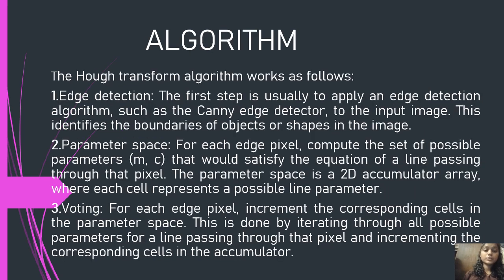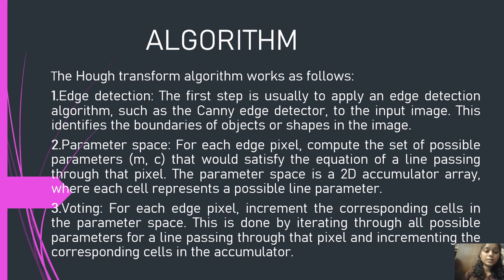Let's see the algorithm for the Hough transform. The first one is the edge detection. The first step is usually to apply an edge detection algorithm such as the Canny edge detector to the input image. This identifies the boundaries of the objects or the shapes in the image.